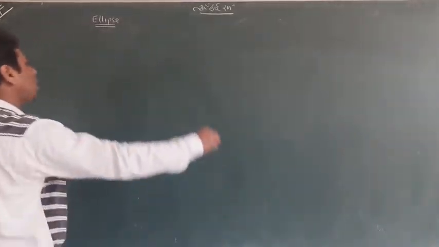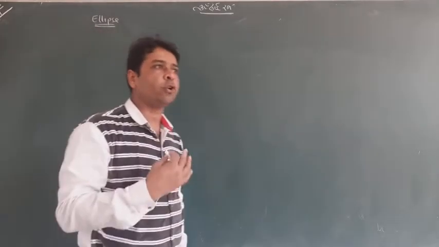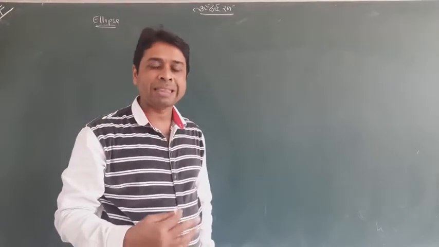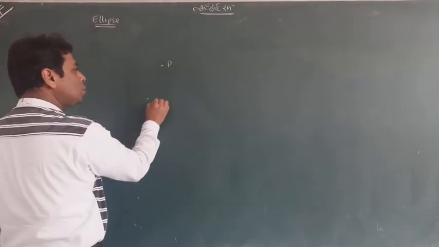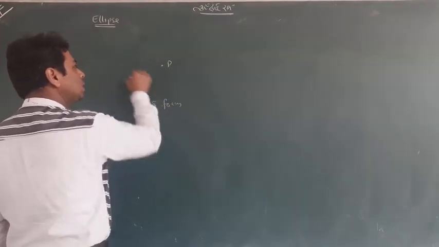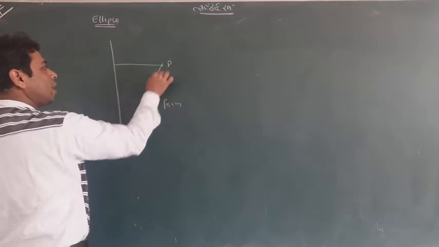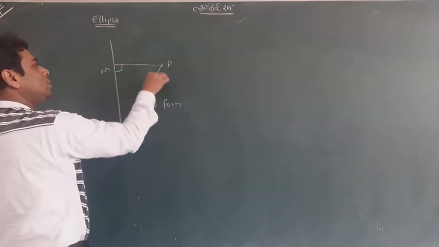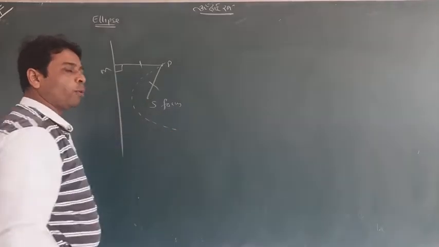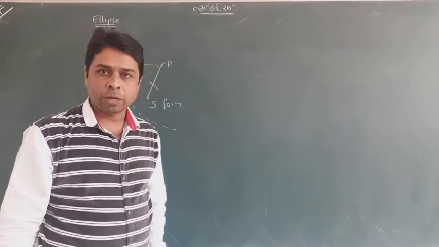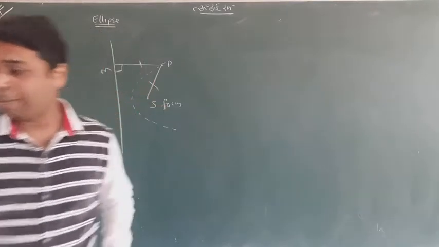When I started yesterday, I taught you the parabola. That time I taught you the locus of point P whose distances from the focus and the directrix are equal. These two distances are equal, and after tracing the point P it forms a parabola. Now we will see the same language.